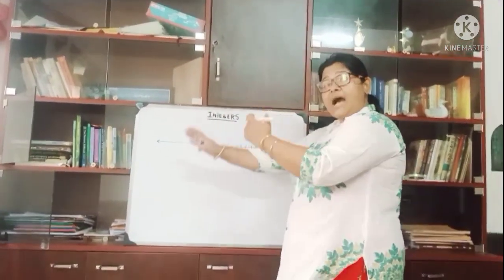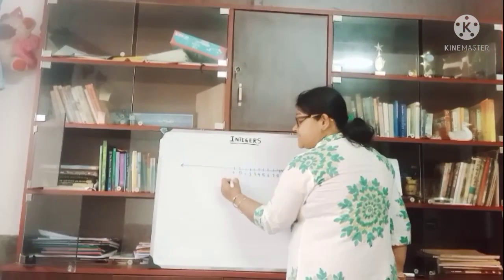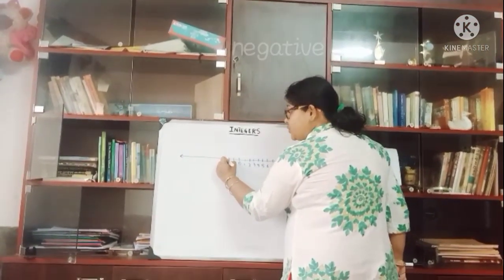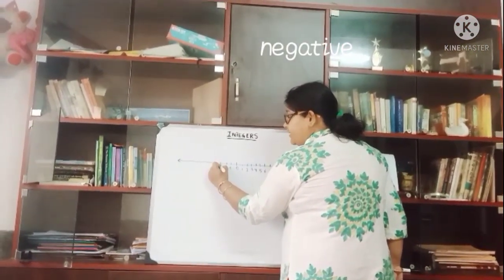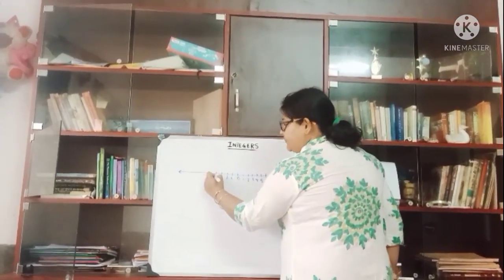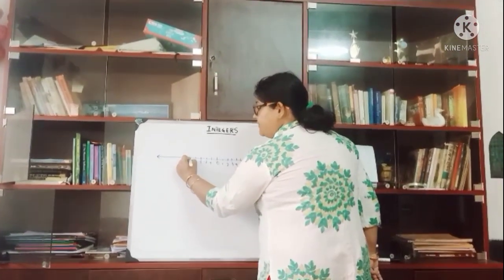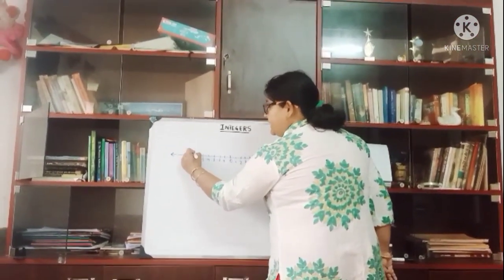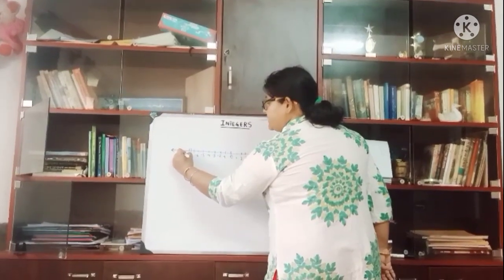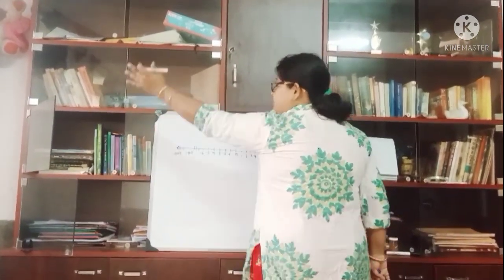Let's see the other side of 0. The other side of 0 means minus 1, minus 2, minus 3. We are coming down the stairs. Minus 4, again a step low. Minus 5, minus 6, and the process continues till minus 100 or maybe minus 1000 and so on.